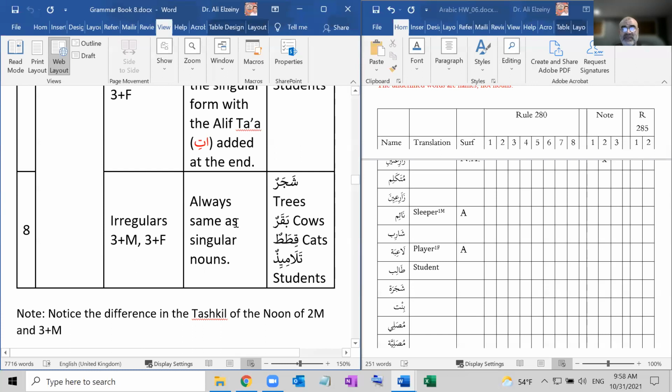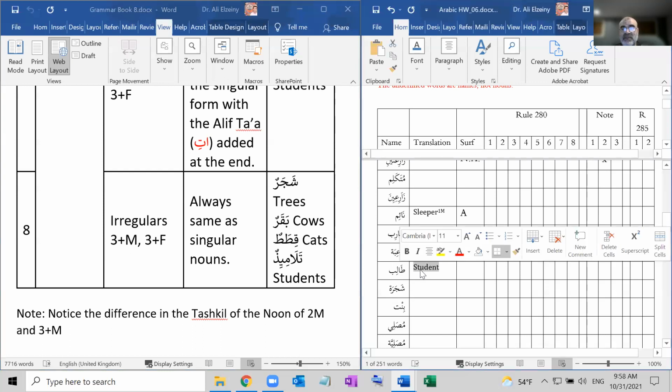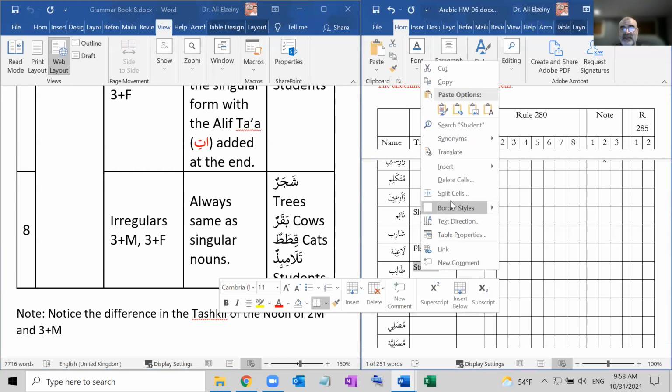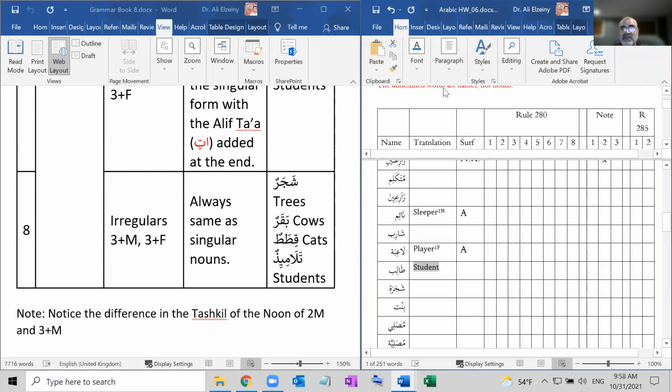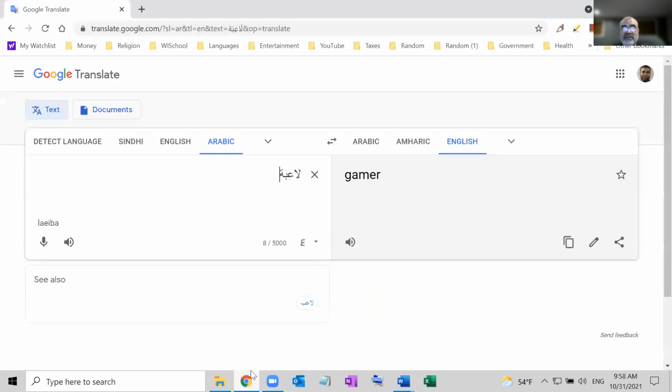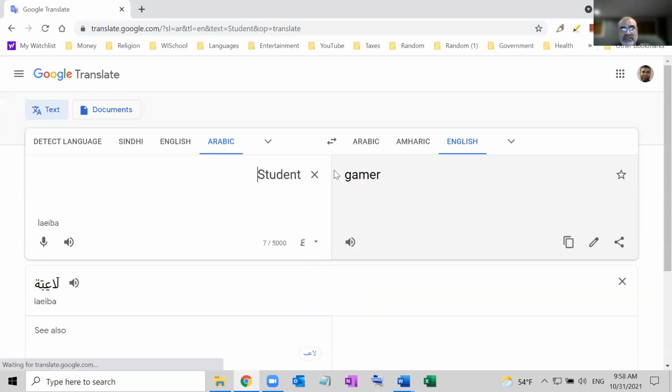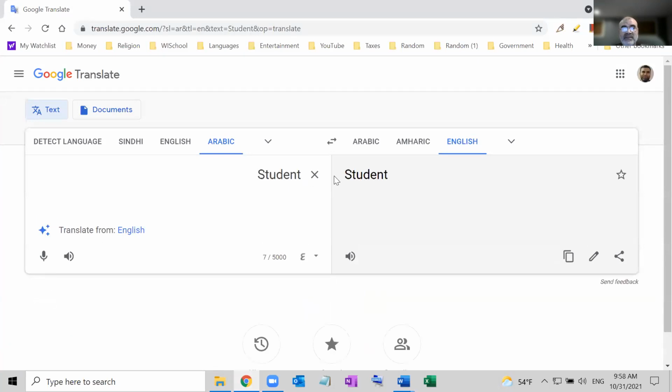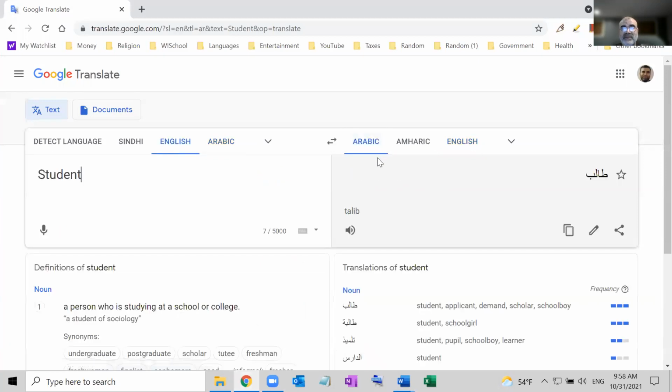How do I find out? When I take this one here and put it on Google Translator, it tells me that Talib is a student, and it's one student. It's not students.